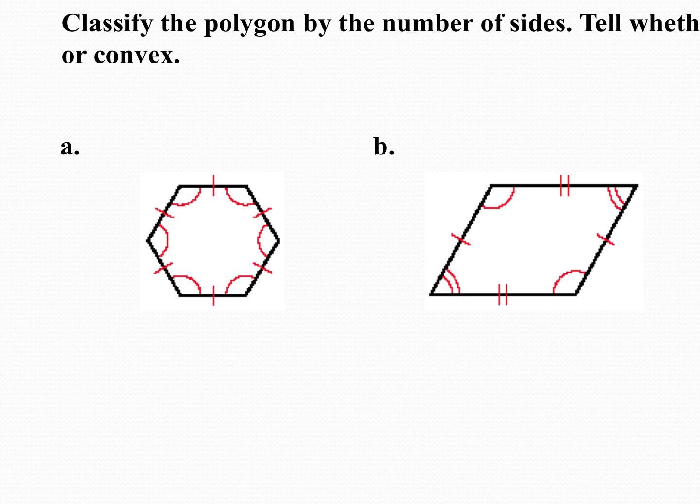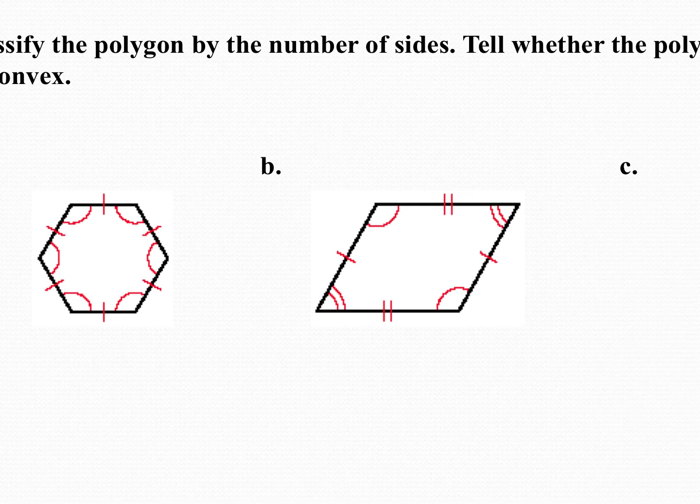If I'm looking at B, you can see that they have some that have 1 mark, while others they have 2. What that means is if this side is 4, this side is also 4. If this side, let's say, is 16, this side is also going to be 16. And same thing with my angles, okay?